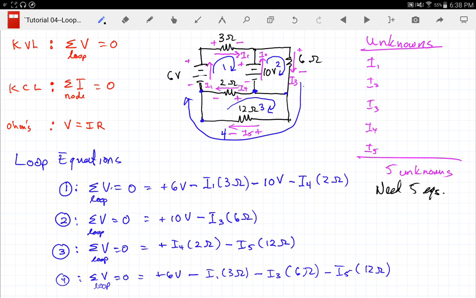These equations need to be independent. That is, I can't have 2 or 3 equations that are really repeating themselves. And if you look at these equations I have, you might have noticed something peculiar.